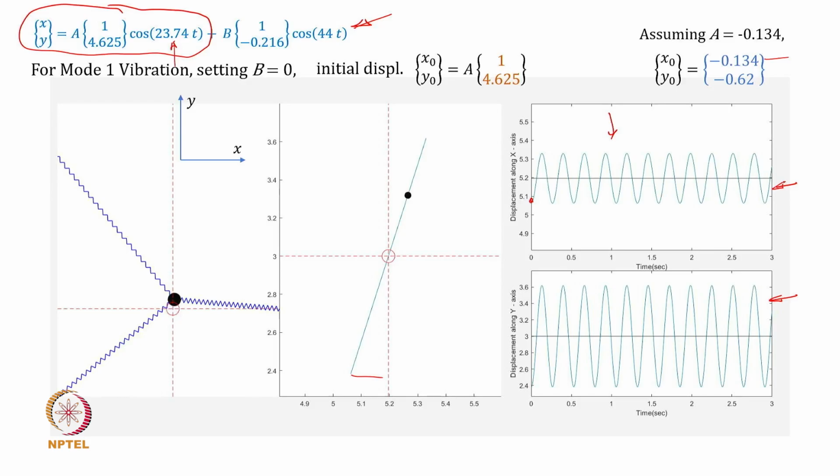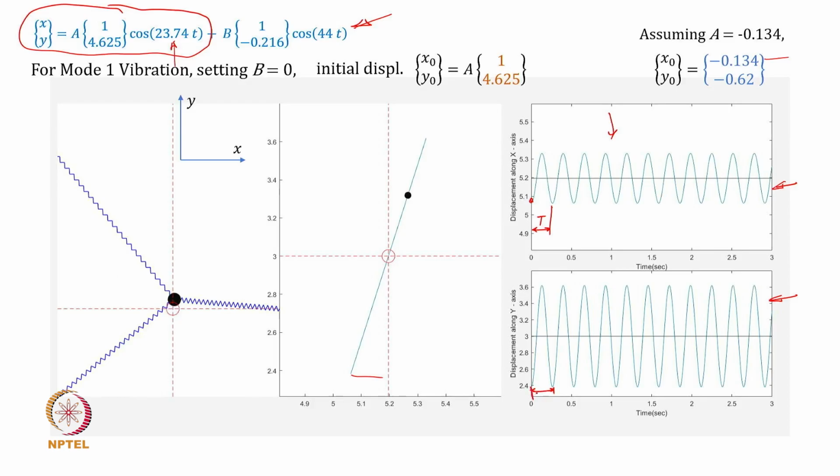Both of them are pure harmonic signals, and most important is that for a principal mode or principal motion, both x motion and y motion are completed in the same period of time. That is how it can sustain harmonic motion at the same frequency.